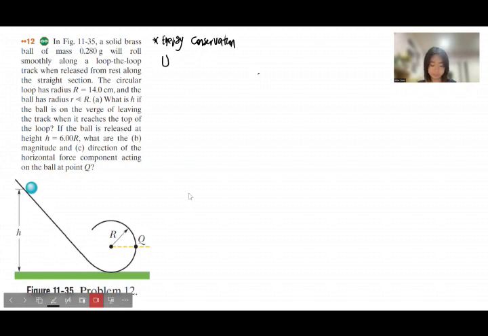So when the ball is released, there's only potential energy. We don't have to worry about the kinetic energy when the ball is just released from the top. And when the ball reaches the top of the circular track, that should be split into kinetic energy and potential energy.